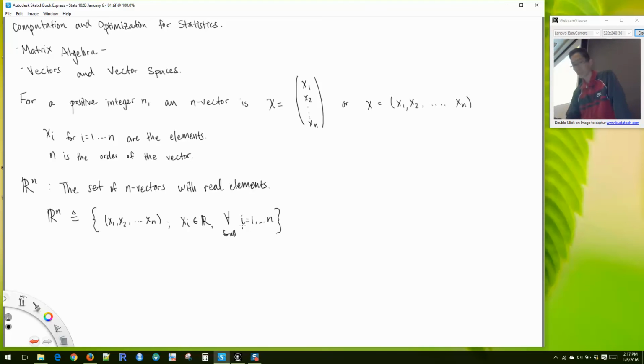Just to think of what an n vector is, we can think of an n vector as the same thing as a point in n-dimensional space.